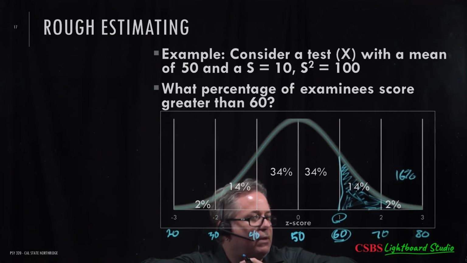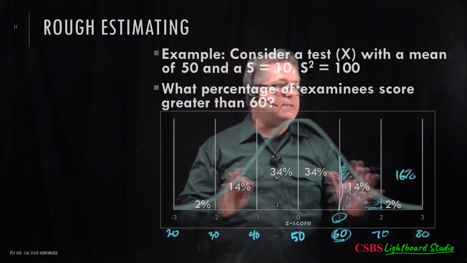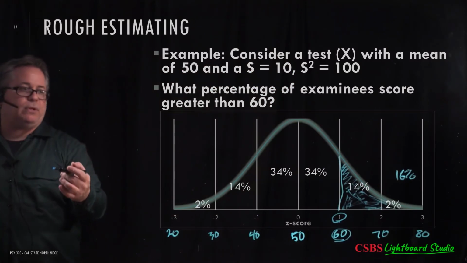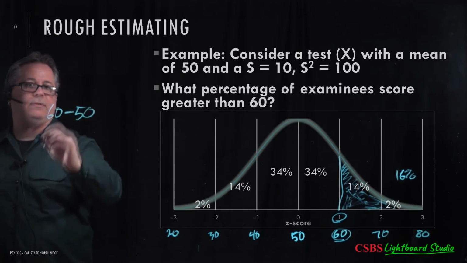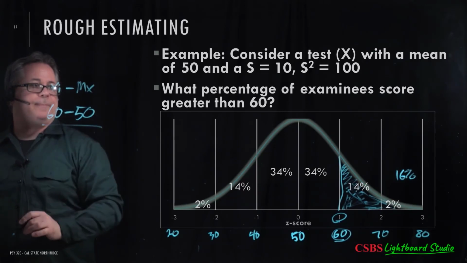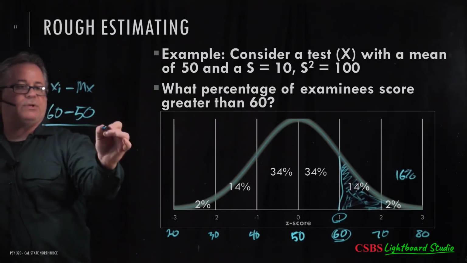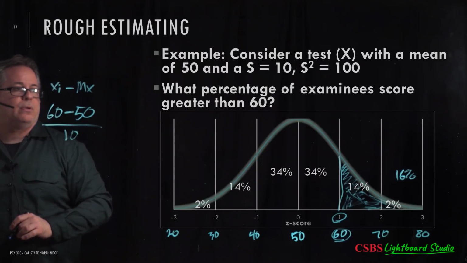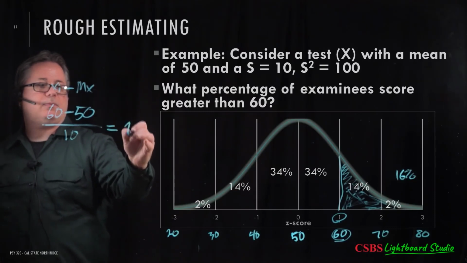To figure it out the other way around, if you don't write this out and look at it this way, what you end up having to do is say, okay, score is 60, I have to convert that to a z-score. So I want xi minus mean x, over the standard deviation, which is 10. 60 minus 50 is 10, over 10 is 1.